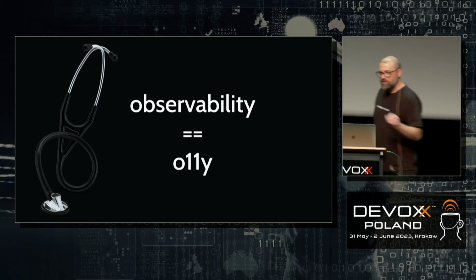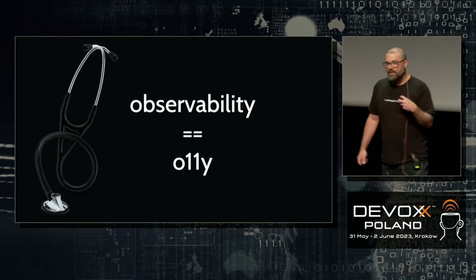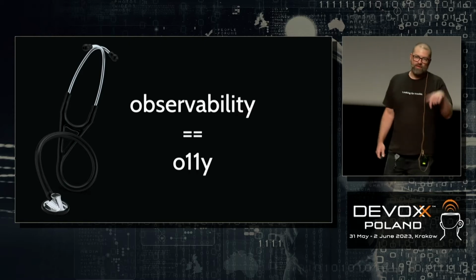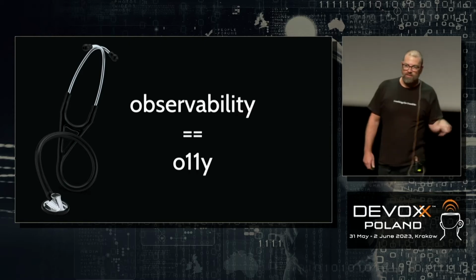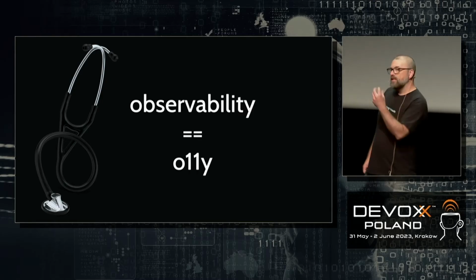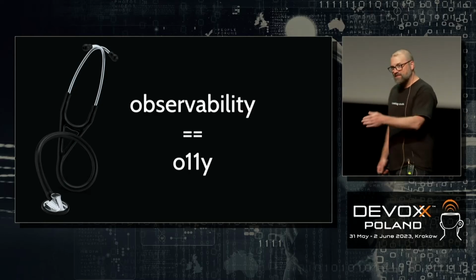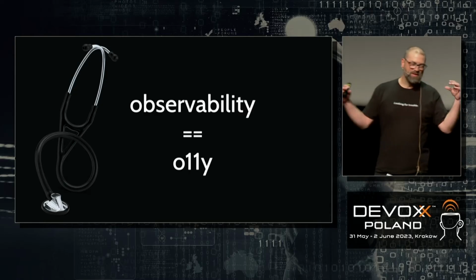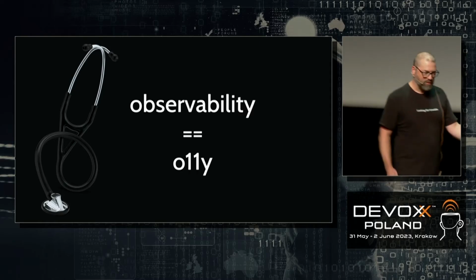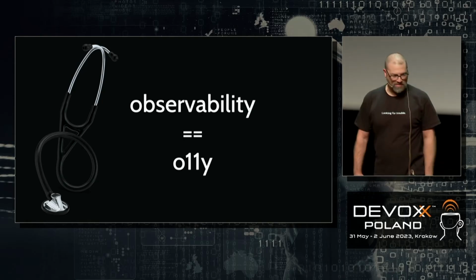And much like a physician might use a stethoscope to get some insight into what's happening inside the human body, we can use observability tools to figure out what's going on inside our applications and inside our networks. This term observability is a lot to come off the tongue. It has a lot of syllables, sort of like Kubernetes also has a lot of syllables. So we tend to scrunch that down. If you hear me say Ollie, that is the shortened form of observability after taking out the middle 11 characters.